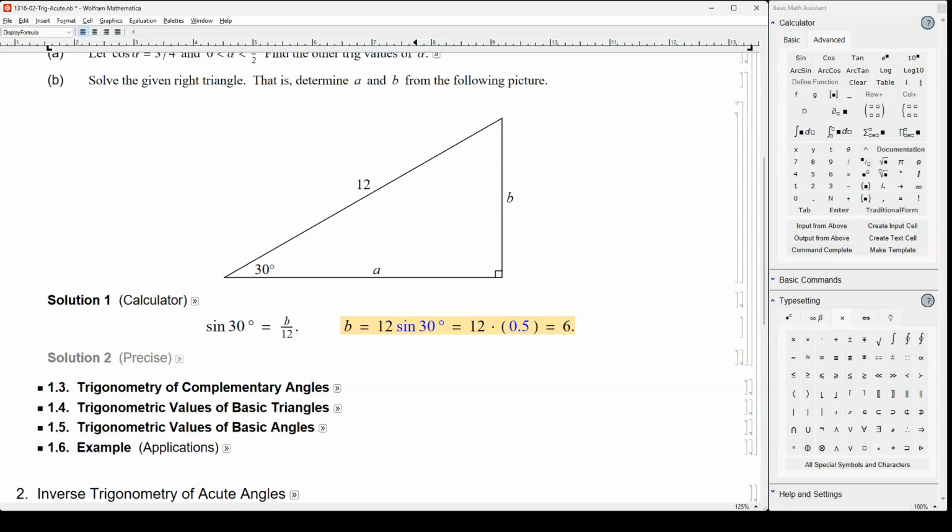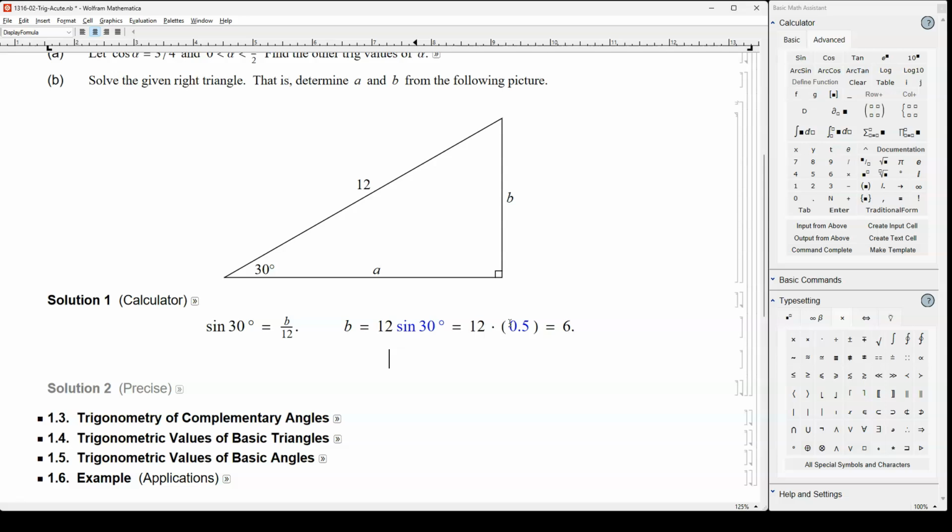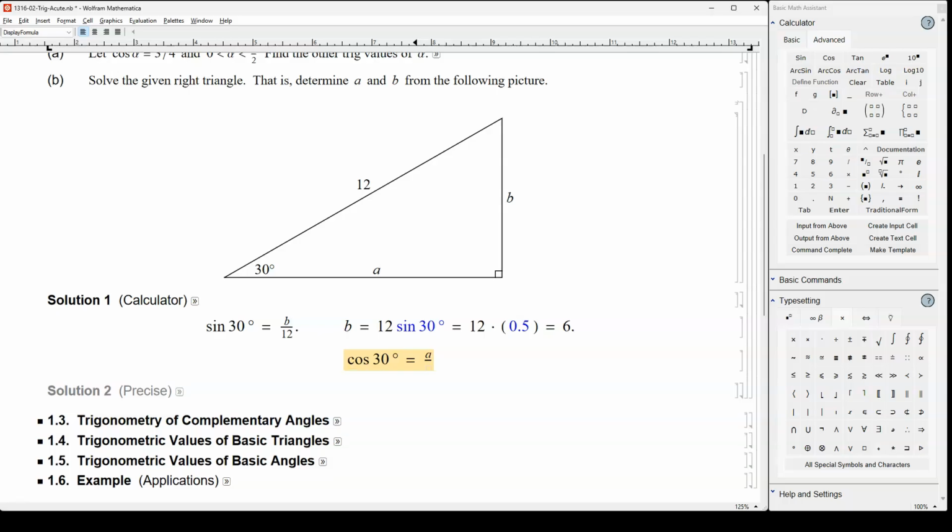Why is it so precise? Well, we'll figure it out a little bit later. Cosine of 30 degrees, this one is not that precise. Adjacent over hypotenuse. So A is 12 times cosine of 30 degrees.